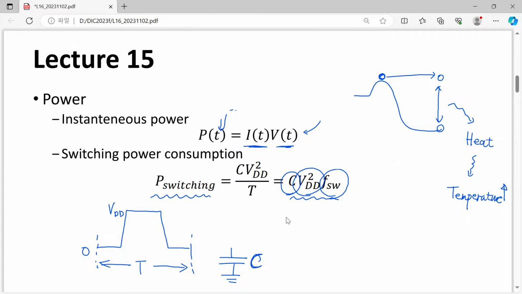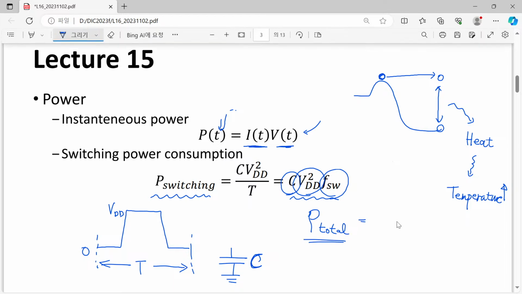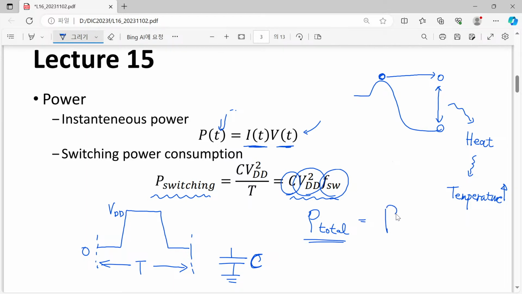And at the end of our previous lecture, we have thought about the total power consumption. If we consider total power consumption of our logic, then it can be divided into two parts. One is so-called dynamic one, and another one is static one. Static power, dynamic power consumption.